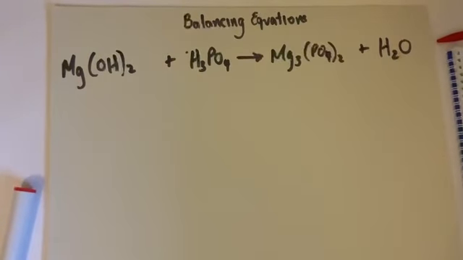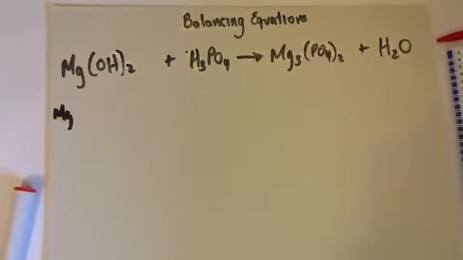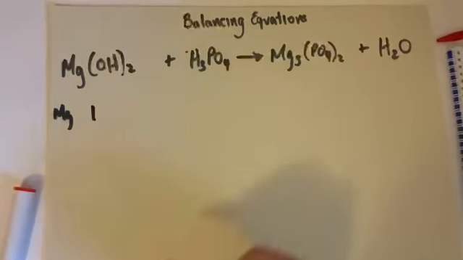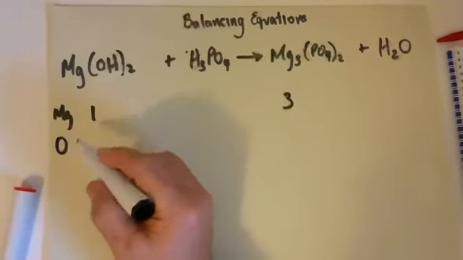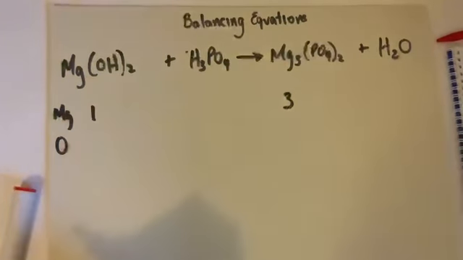Balancing equations, in this case, it's as hard as they're ever going to get. So we have magnesium hydroxide, which we're reacting with phosphoric acid, which will give us magnesium phosphate and water. When we look at balancing this, the magnesiums, on the reactant side, the left-hand side, we have 1 magnesium. On the product side, we have 3. The oxygens: we can ignore the PO4 because that's present on both sides, but the OH gets split up.